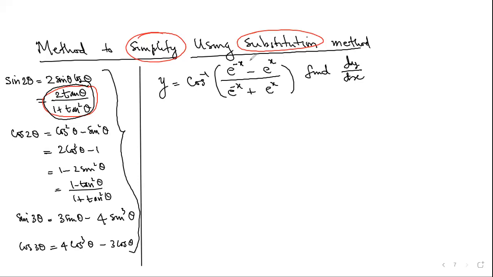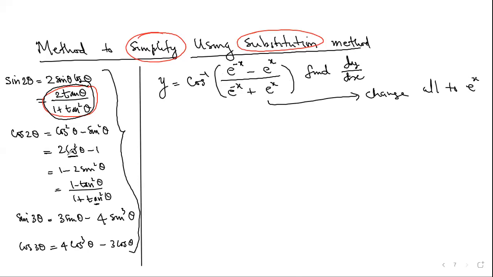Basically, what you are doing is making everything in one term. Change all to e raised to x. Every term should be in one term, because if I'm substituting in one place x as tan theta, in the other place also I have to replace x as tan theta only.